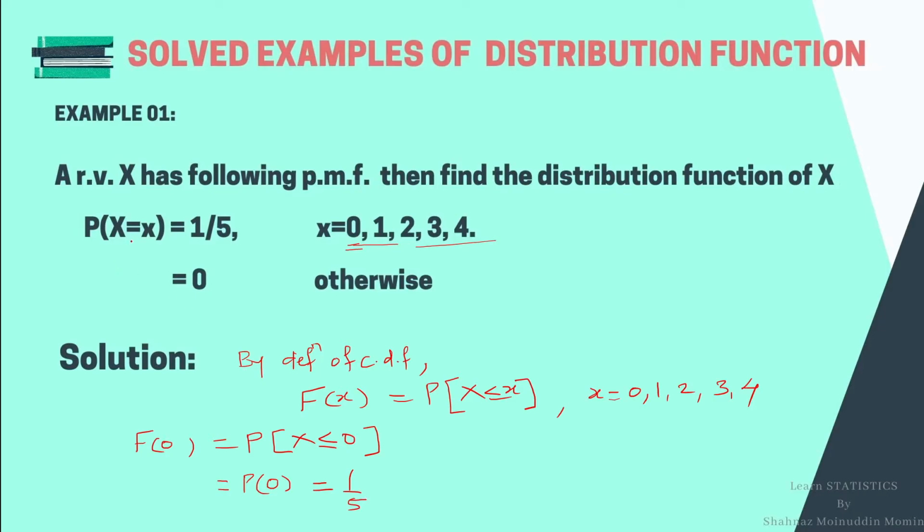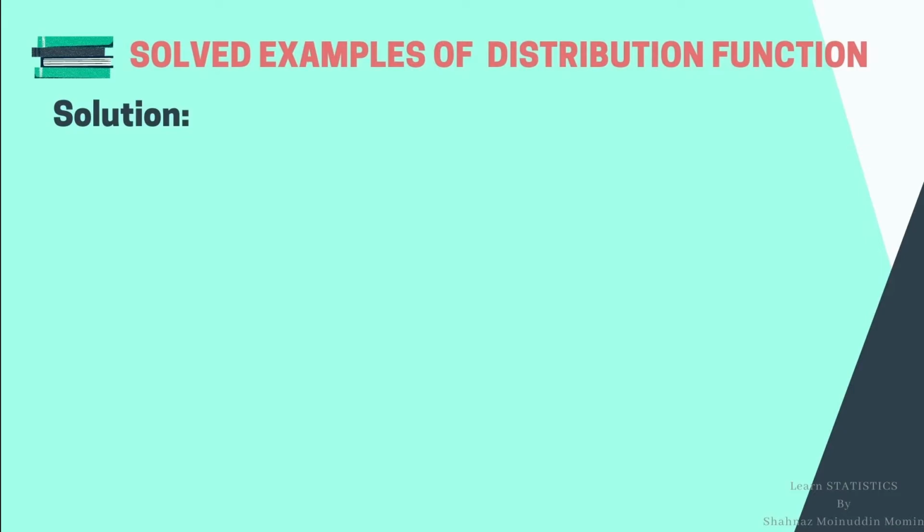The value of probability for all values is 1 by 5, same. Now we shall calculate the value of CDF for x equal to 1. So it is F1 is equal to probability x less than or equal to 1, which is equal to probability x equal to 0 or 1.